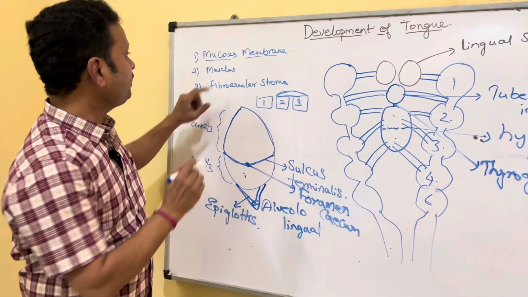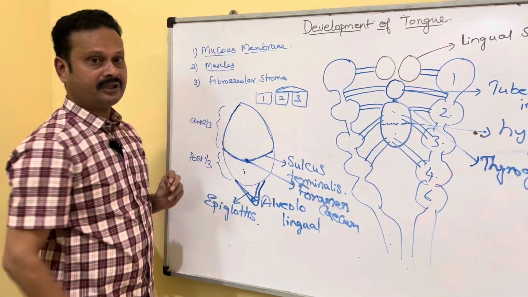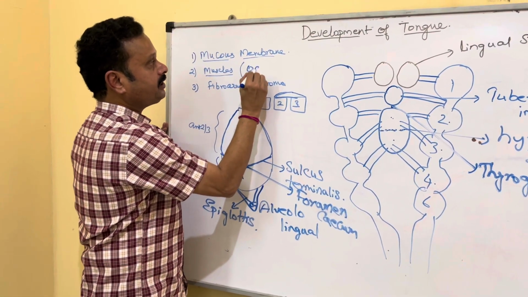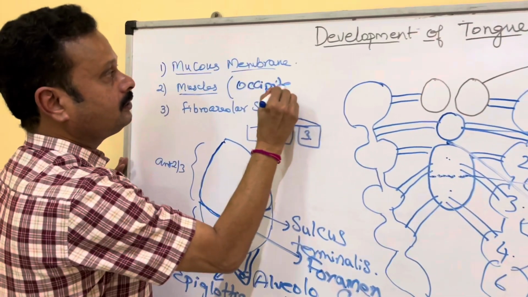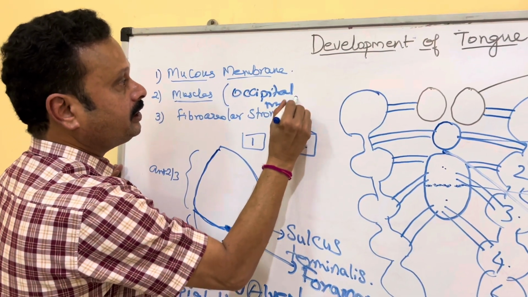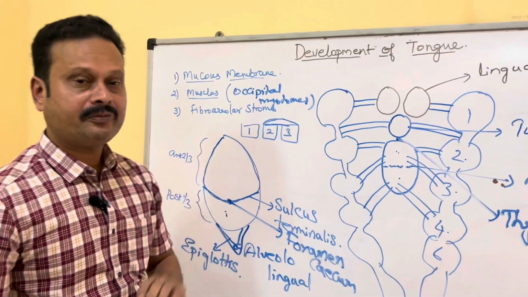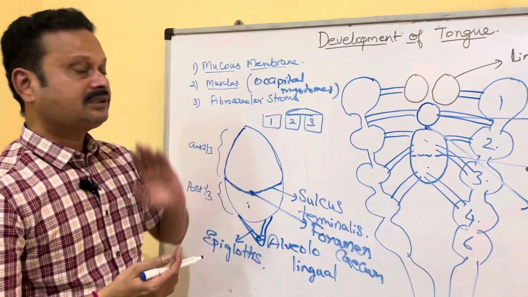Now coming to the next one, the development of the muscles of the tongue. Muscles of the tongue are developed from occipital myotomes. The upper three or four occipital myotomes give rise to the muscles of the tongue.